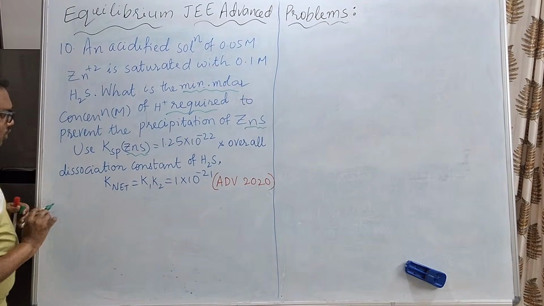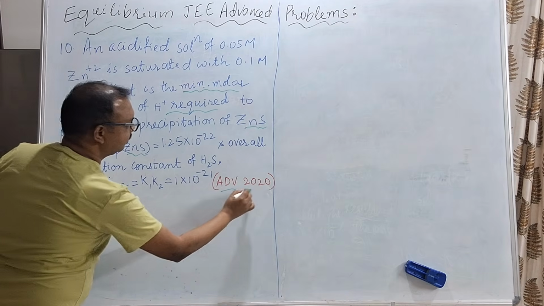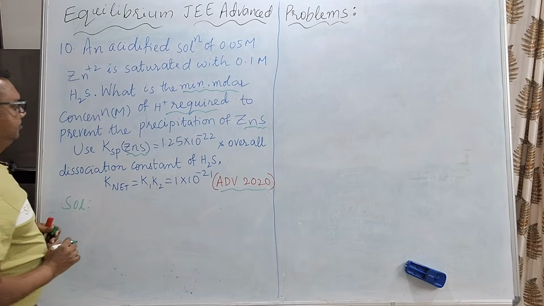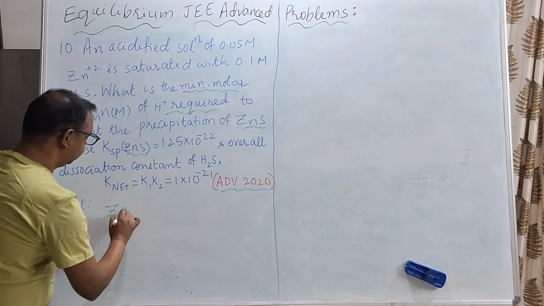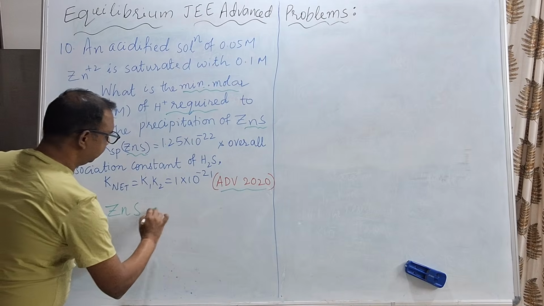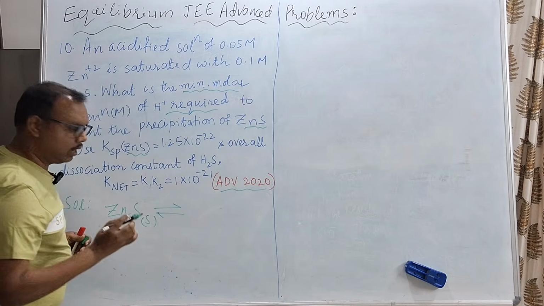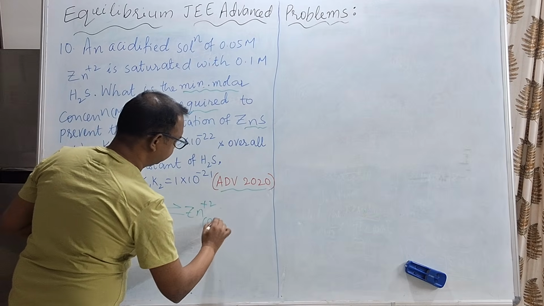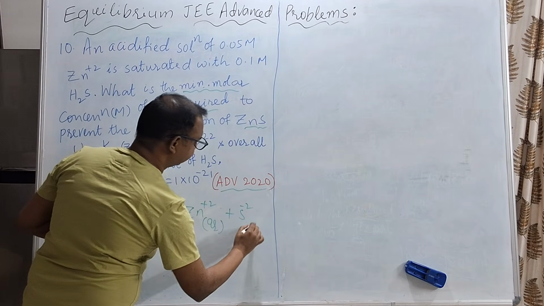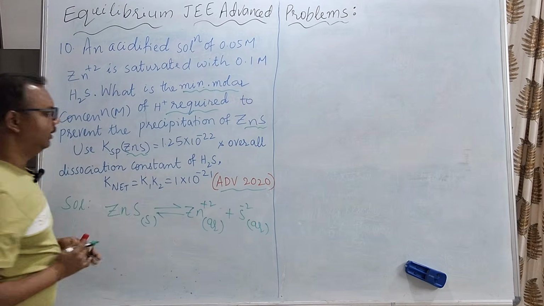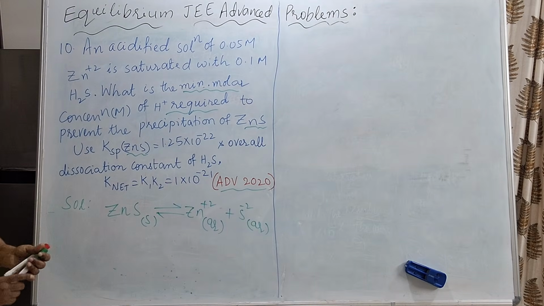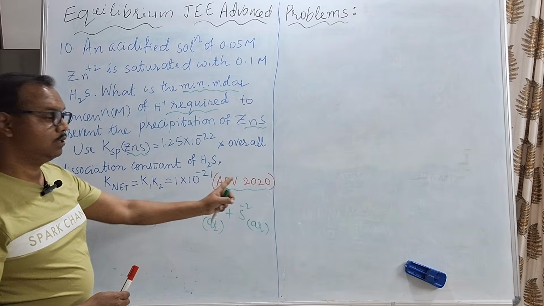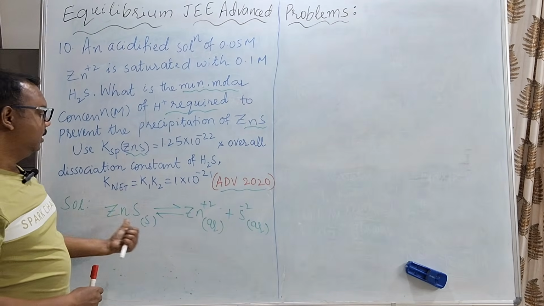Let us go through the solution of this. It was given in Advanced 2020. ZnS solid gives rise to Zn2+ aqueous plus S2- aqueous. Zinc and sulfide must be precipitated as ZnS.